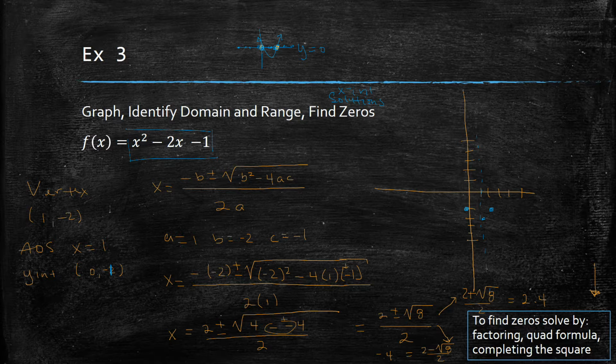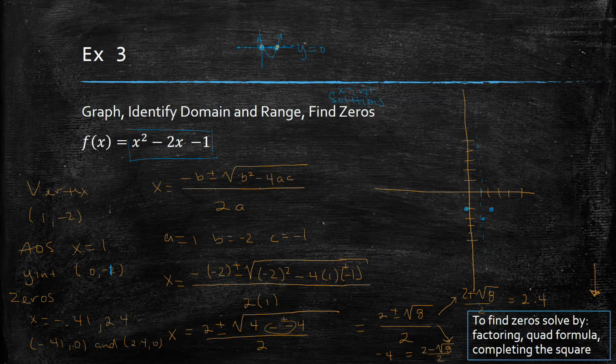So your solutions, or your zeros, and I'm going to write them over here, are the points where x is equal to negative 0.41 and 2.4. If you write them as points, that's the point (-0.41, 0) and the point (2.4, 0).